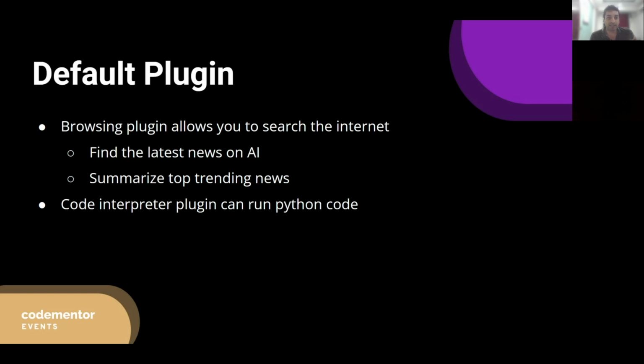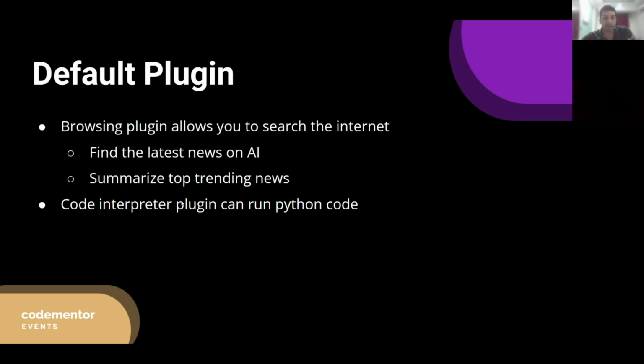You can tell ChatGPT, and it will use this browsing plugin and the Bing API to search the internet, look at all the headlines and information available, and summarize whatever it found for you. This makes searching the internet and doing web research very easy for you.